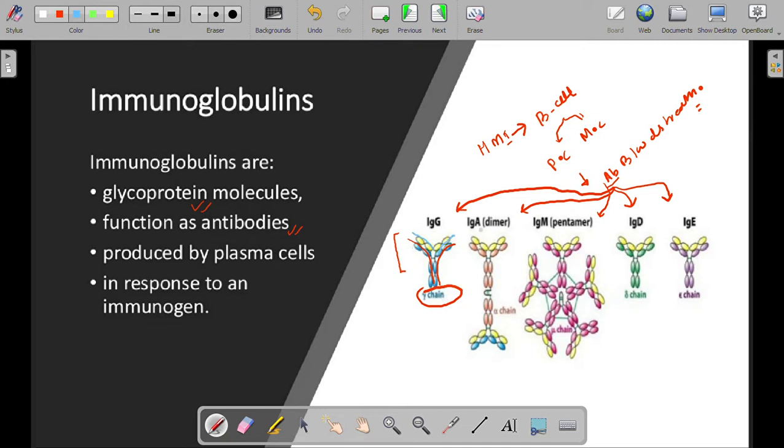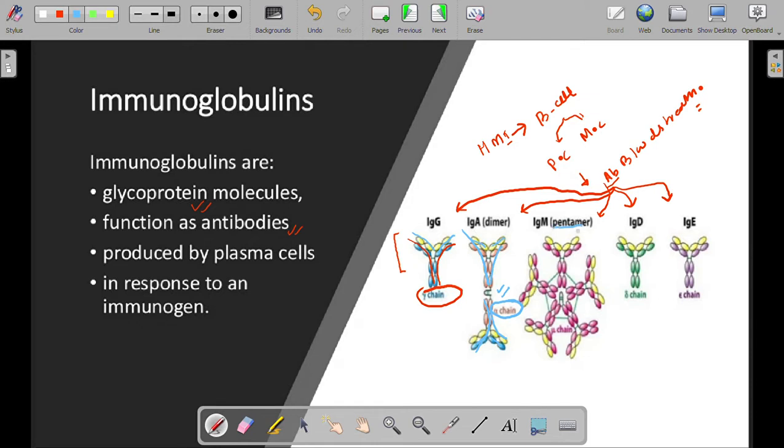Okay, next is IgA antibody. This is dimeric in nature, although it is activated later, and it basically consists of a J chain, and the heavy chain present here is the alpha chain. So this is the heavy chain and this is the light chain.